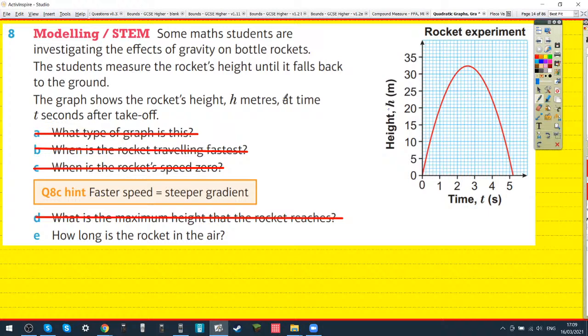Okay, how about this? The rocket's in the air for about 4 seconds.